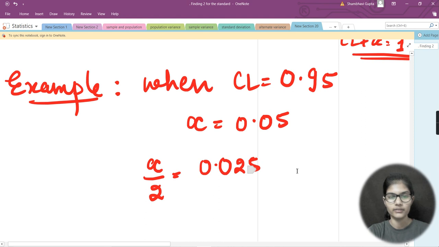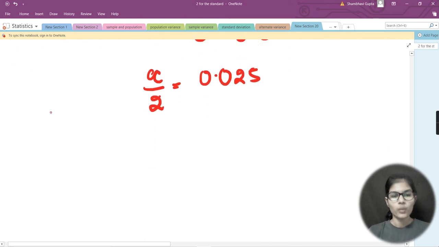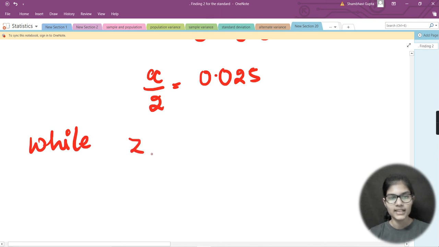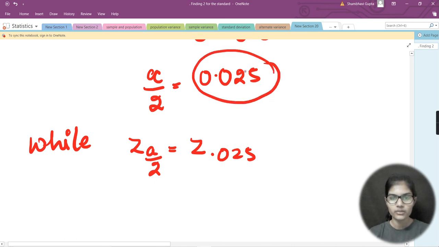Now come down here. I would write z of alpha by 2 is equal to z of 0.025. Yes, this is the value which we got for alpha by 2, right?